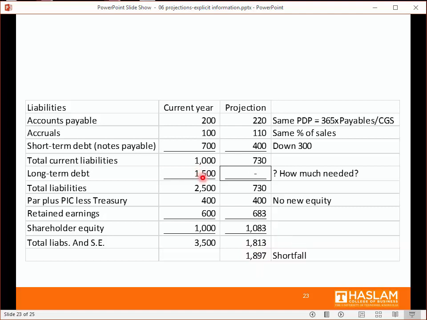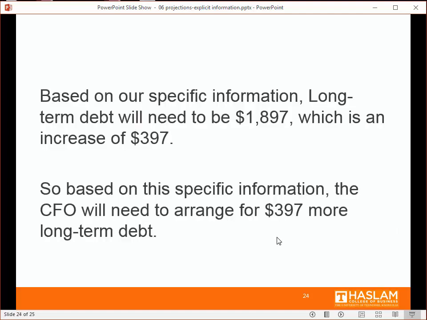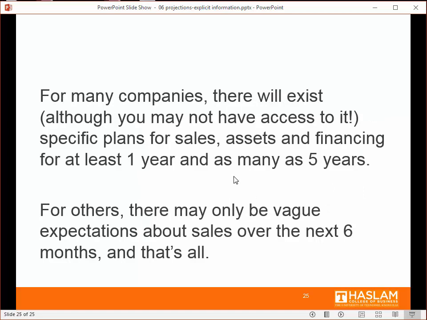Well, we've already got 1500 in long-term debt. We're going to roll that over, and we're going to need to issue another 397. So based on all of our specific information, we're going to need to add $397 in debt. And that's what our CFO is going to have to arrange for.